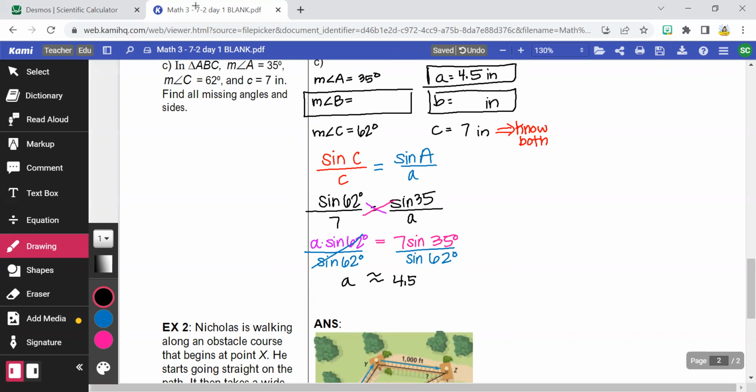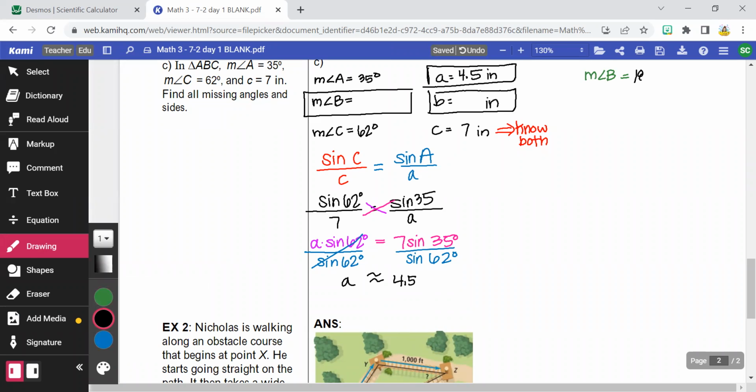Okay, so I started with sine of C over C because I knew both the angle and the side for that. Technically, I could use A now, but it's not a good idea because I've just rounded it. Okay, so to solve for B, I'm still going to use C. However, I need to find the measure of angle B first. So if I think about that, I know that in a triangle, all the angles add to 180.